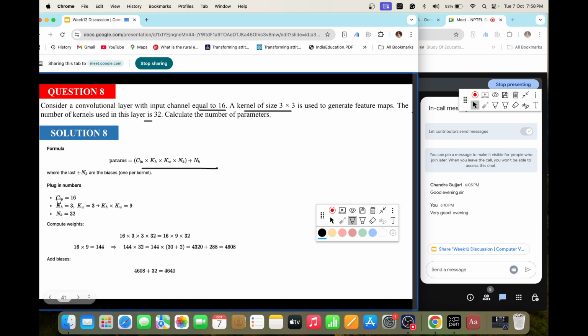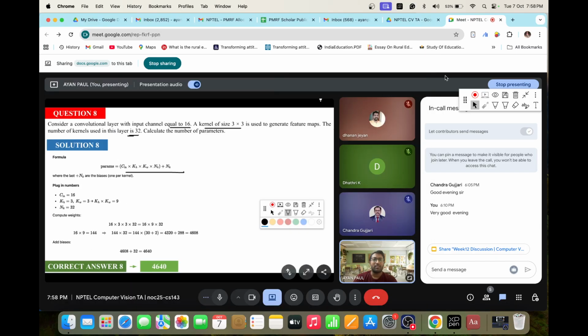Everything has been given: the input channel is 16, the kernel size 3 cross 3, and nk, the number of kernels used, 32. Just put it in the formula, do the calculation, and you will get the answer 4640. So output dimension and parameters are very important questions.